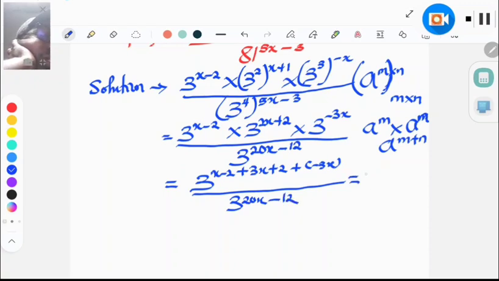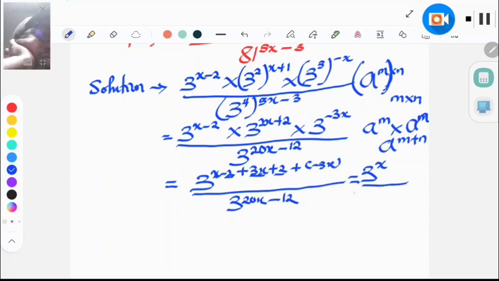Alright, so we can say this is the same as 3 raised to the power: x plus 3x is 4x, 4x minus 3x is x. So we are done with the algebra. That's the aspect that carries x. Then we have negative 2 plus 2. That's 0. So that means we are done with that.